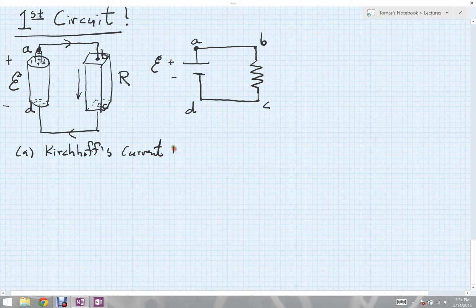Kirchhoff's current rule simply states that the current flowing into any region, because charge is conserved, must match the total current flowing out. In other words, the net flow in and out of any region in steady state must be zero.